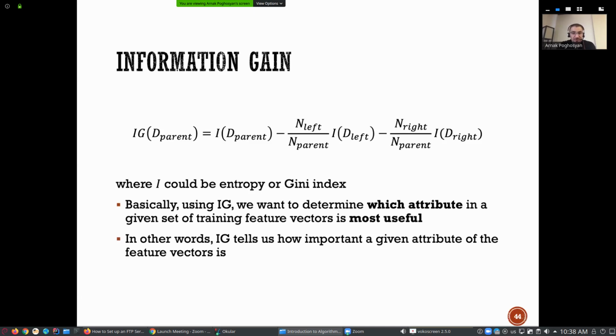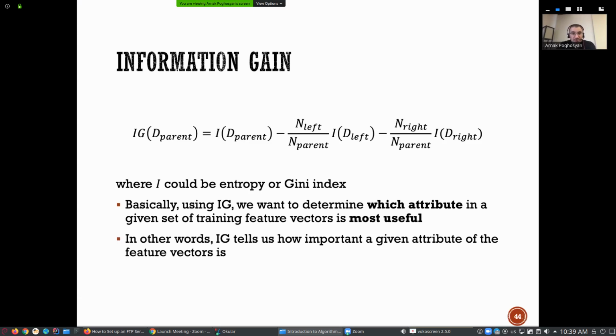When you have a region, you are trying to understand whether you are going to split this region into smaller regions or not, and if yes, which feature and which attribute to use, and from where to split. Before splitting, we have the domain parent. This is our region. After splitting in a decision tree, you have the left domain and the right domain.